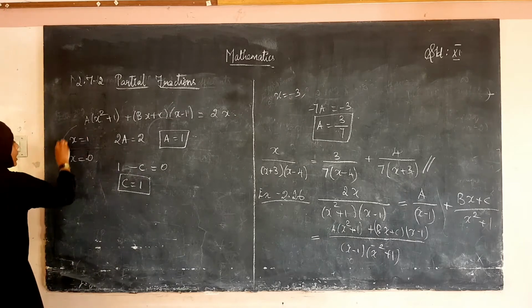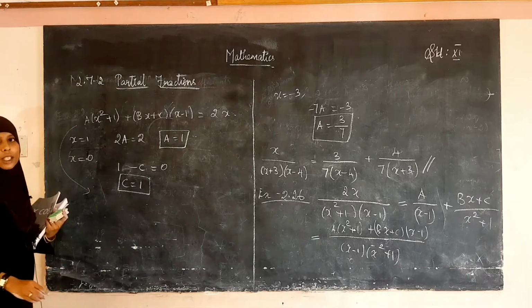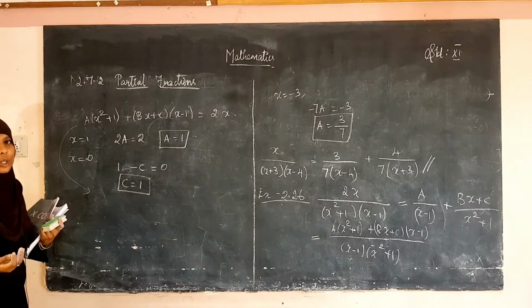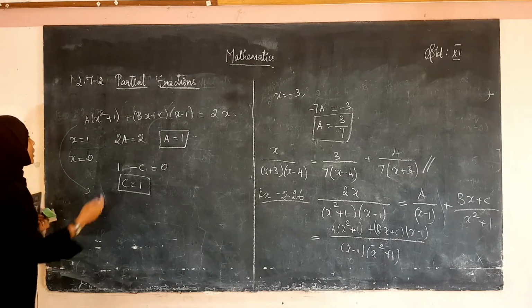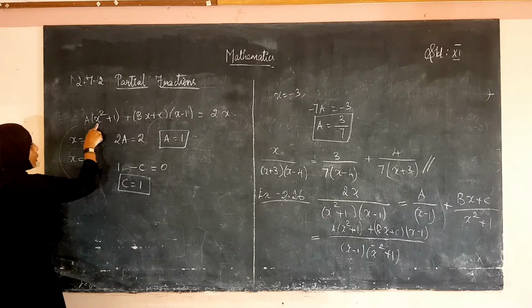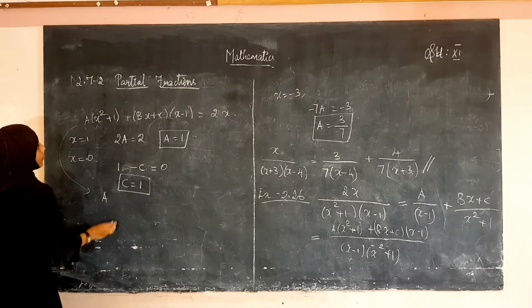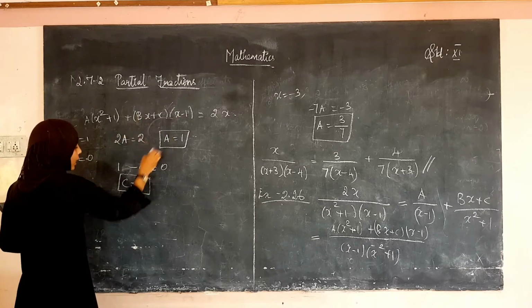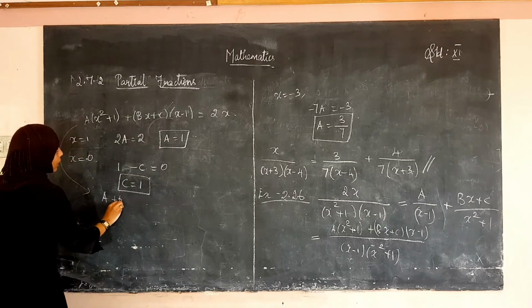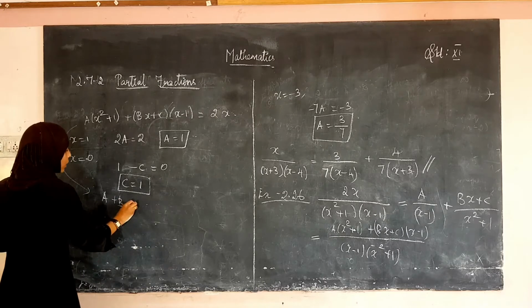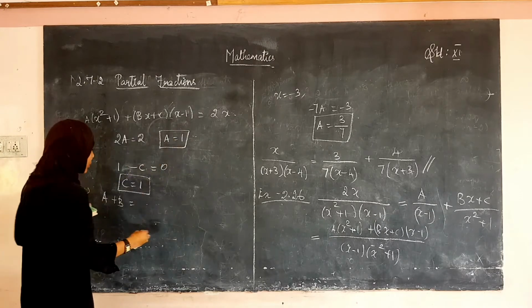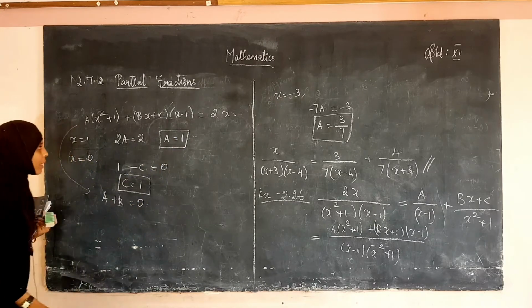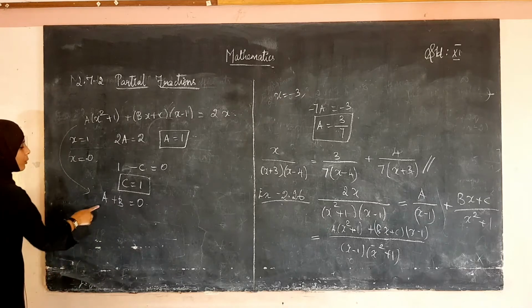Now in this equation, equate the coefficients of x square. So the coefficient of x square in the first term is a. The coefficient when this is multiplied with this is b into x square. So here we have b, which is equal to, here we don't have an x square term, therefore equal to 0. Now we have to find the value of b, therefore we are doing this.